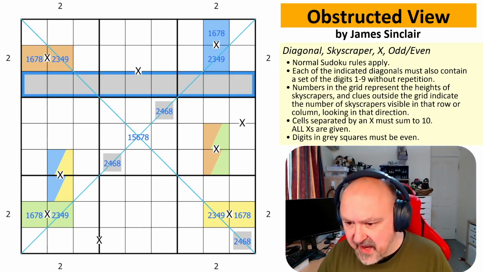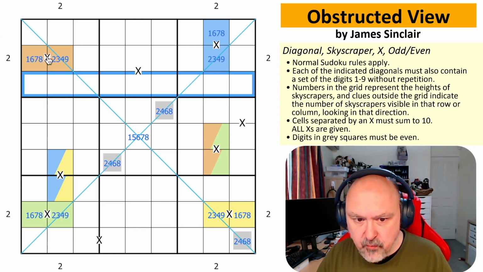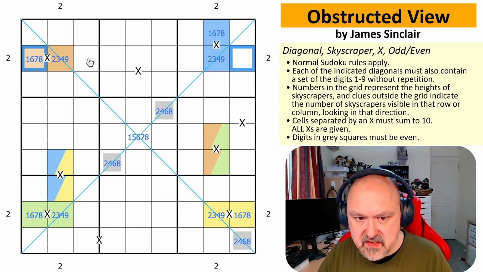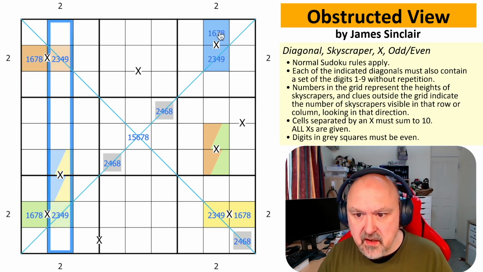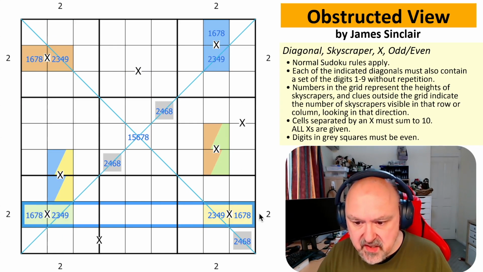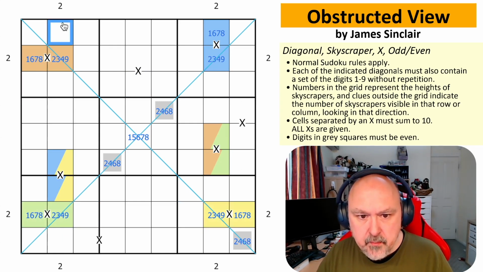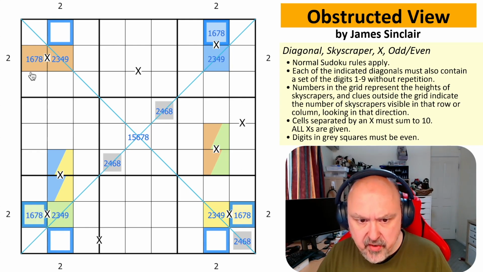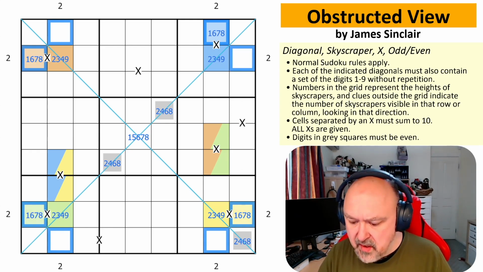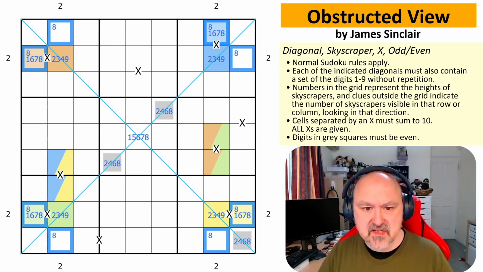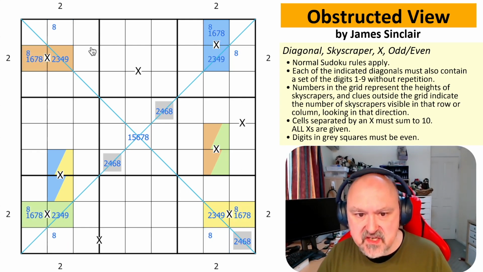You must put the 8 at an end of one of these lines if there's 2 at both ends. And the same is true here, and here, and here. So, because 8 has to go in one of those two, and one of those two, and one of those two, and one of those two, 8 in those boxes is limited to these two positions.